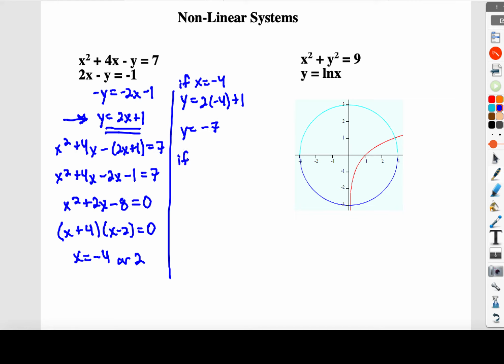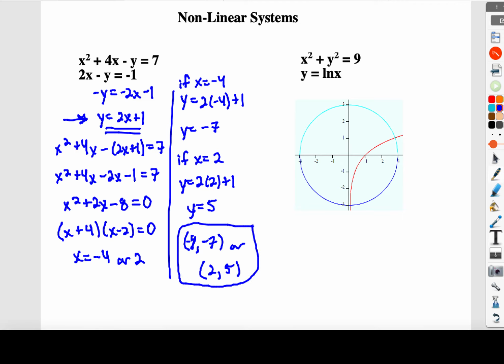On the other hand, if x equaled 2, well, then y would have equaled 2 times 2 plus 1, and y would have equaled 5. And it just so happens we get two answers: at x being negative 4, we got negative 7, or at 2, we got 5. And we're going to get two possible solutions.